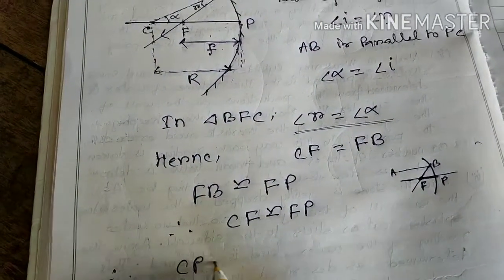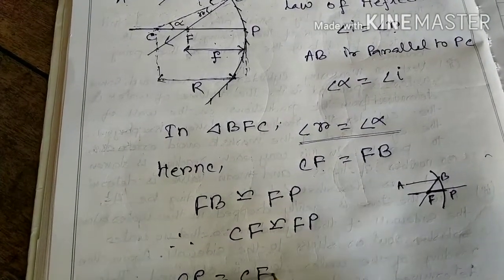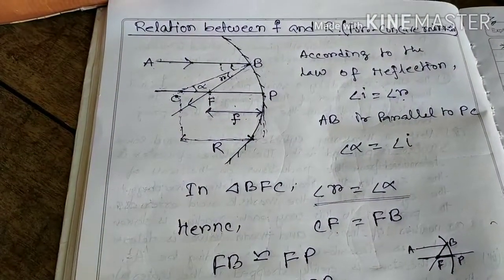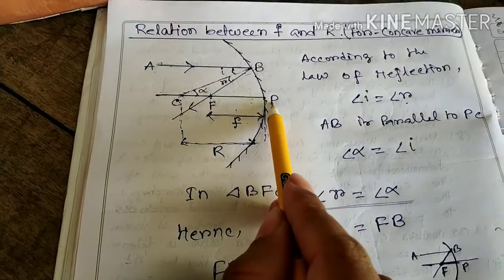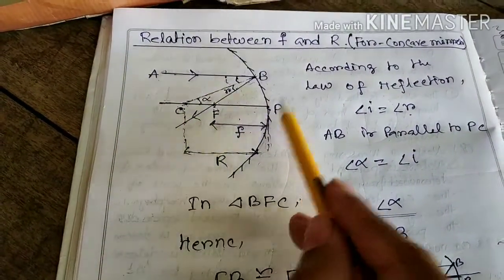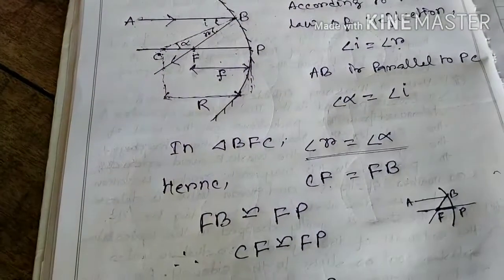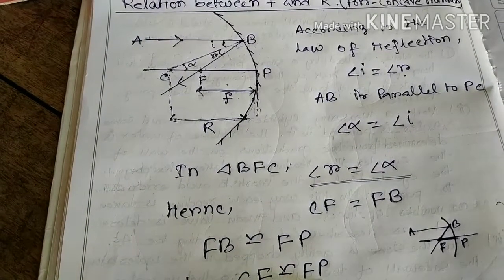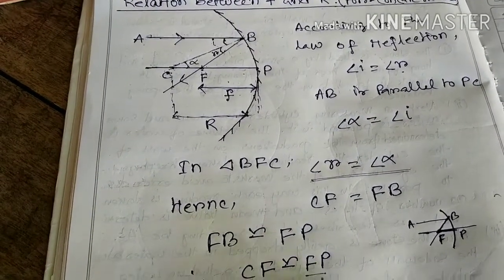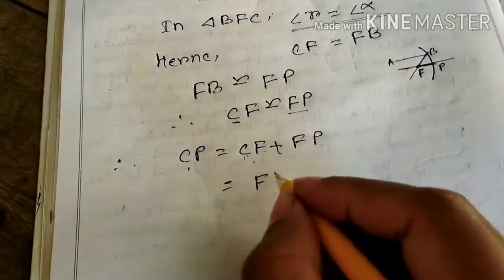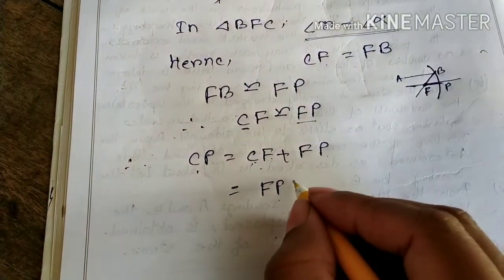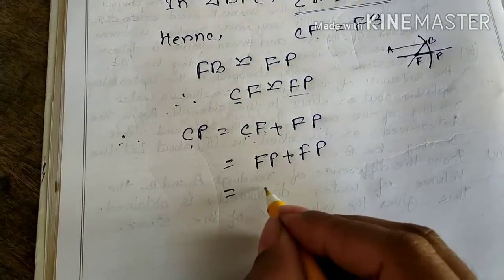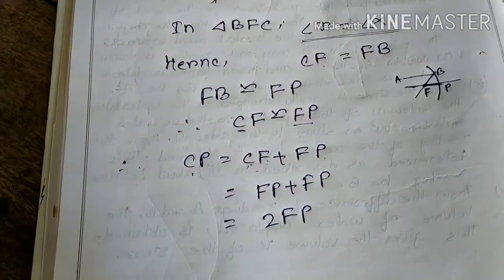So we can write CP equals CF plus FP. Now, CF is nearly equal to FP, so instead of CF we can write FP plus FP, which is 2FP.